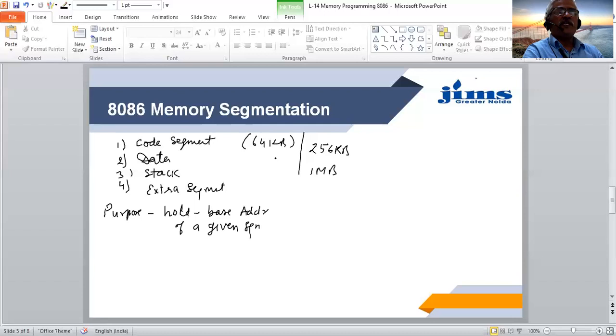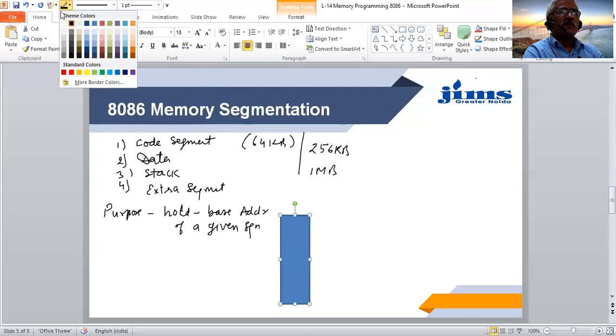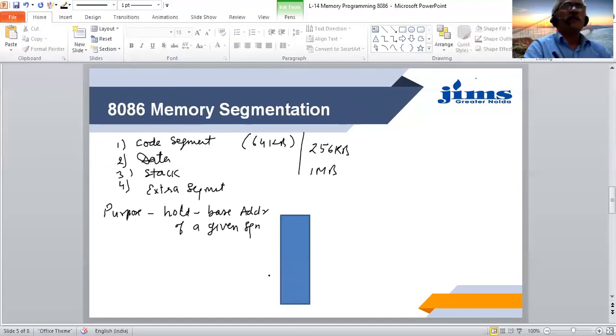What exactly we mean is, suppose this is our memory, and let's assume that this is 1 segment.